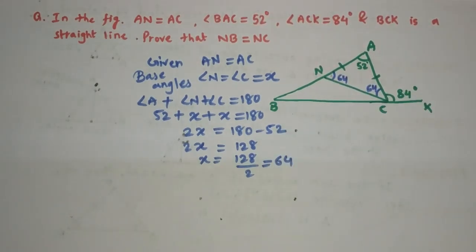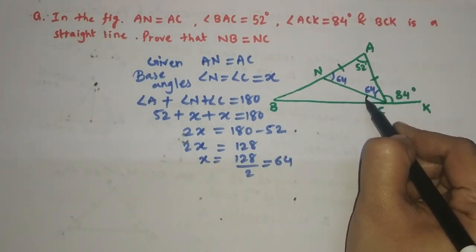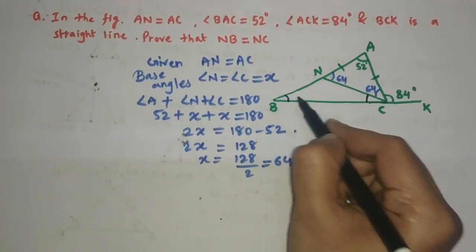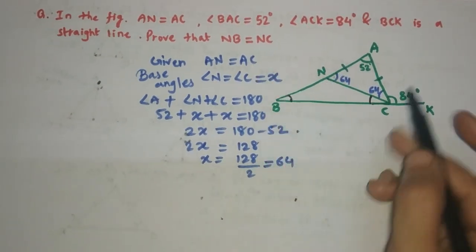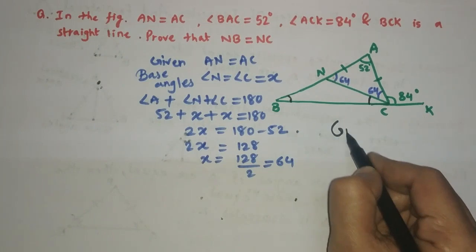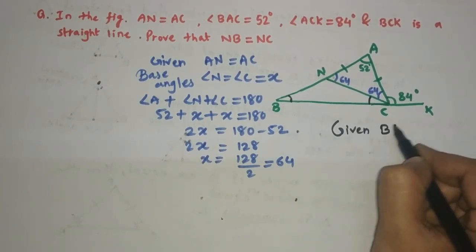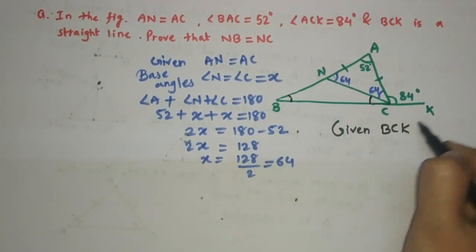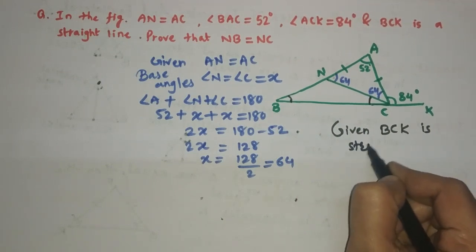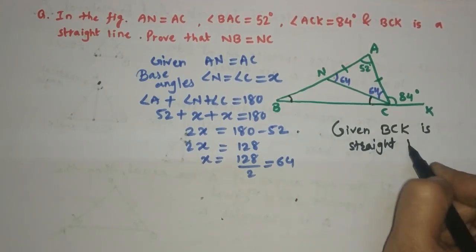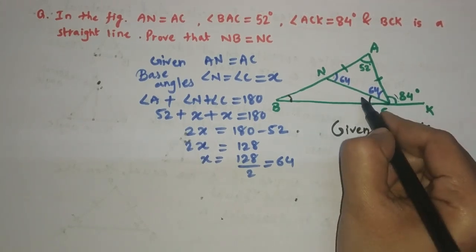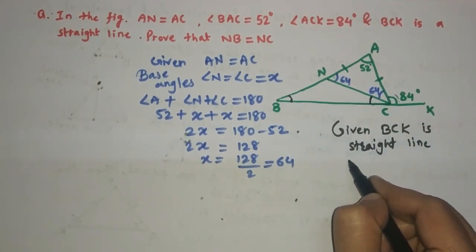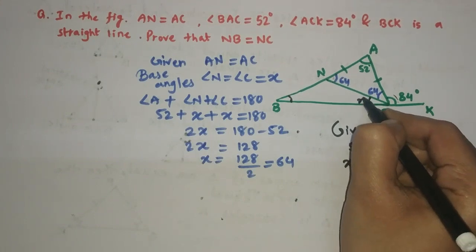Okay. Now we have to find out this angle, and then we'll show that these two angles should be equal. Then we can say that this side is equal to this side. As it is given that BCK, this complete line, is a straight line, straight line angles are going to be 180. So here this angle we'll consider, suppose this one as x.